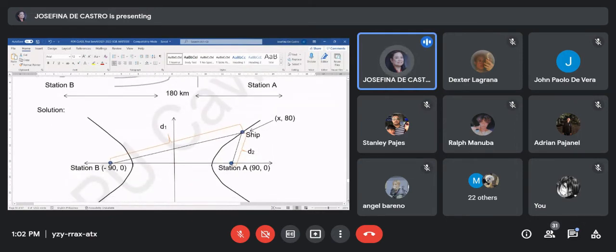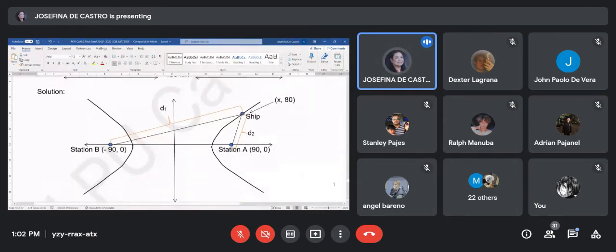Okay? So ito siya. Kung idodrawing natin siya, so ito si Station B at saka si Station A, ilalagay natin siya sa dalawang focus. Therefore, ang distance ng dalawang station ay 180 apart. Therefore, center 0, 0 tayo, negative 90, 0, at saka 90, 0 ang position sa Cartesian plane ng dalawang station.